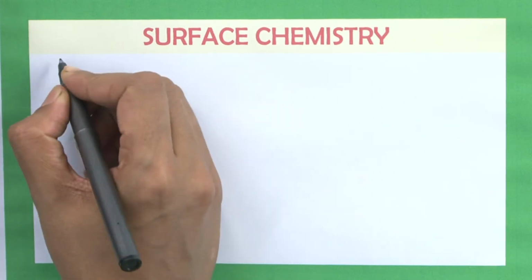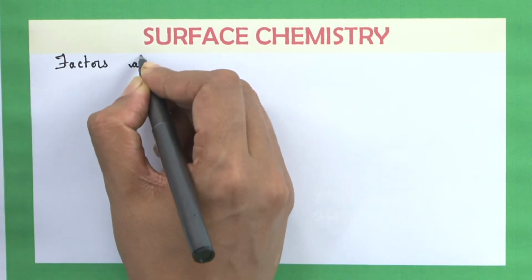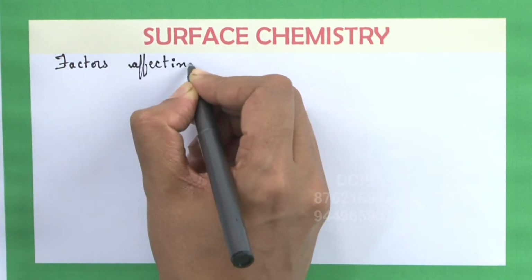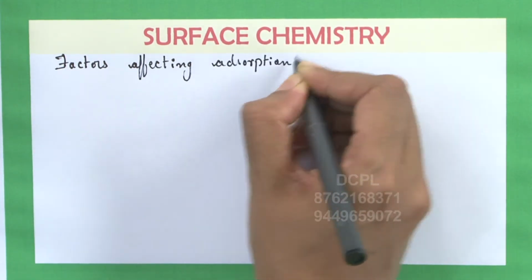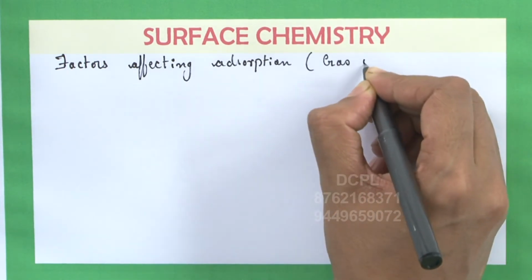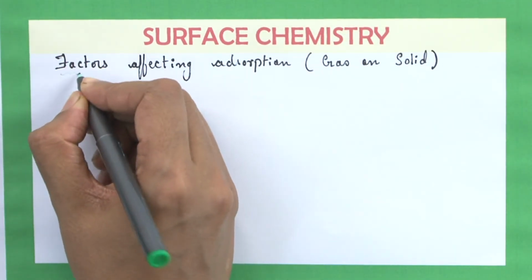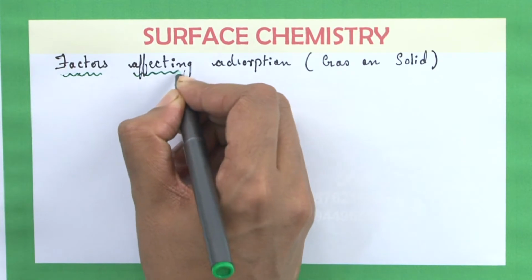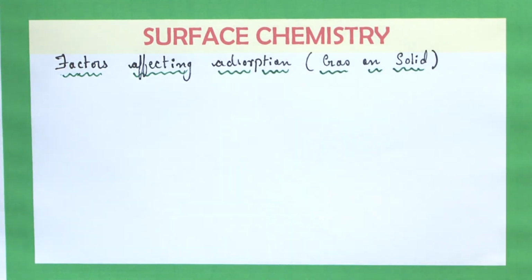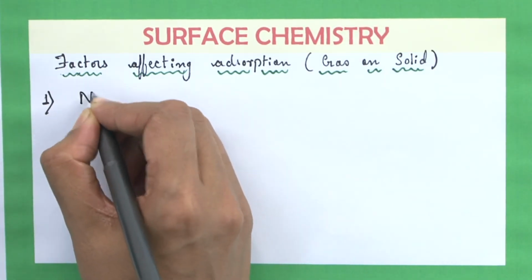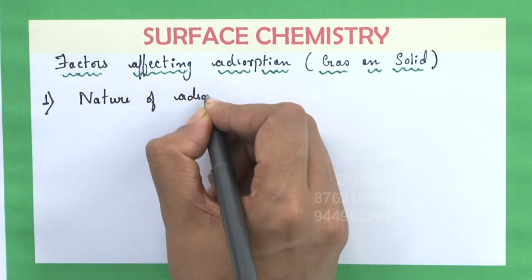The factors affecting adsorption, particularly of gas on solid. The first one is nature of adsorbent.